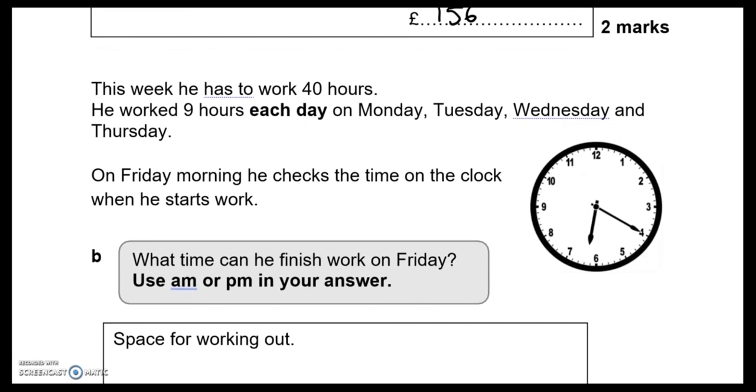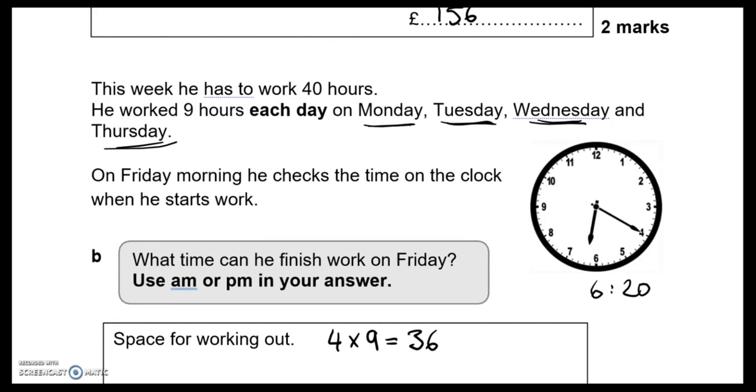This week he has to work 40 hours. He worked 9 hours each day on Monday, Tuesday, Wednesday and Thursday. On Friday morning he checks the time on the clock when he starts work, and it is 6:20. What time can he finish work on Friday? So for 4 days he's worked 9 hours each, so 4 times 9, 36.